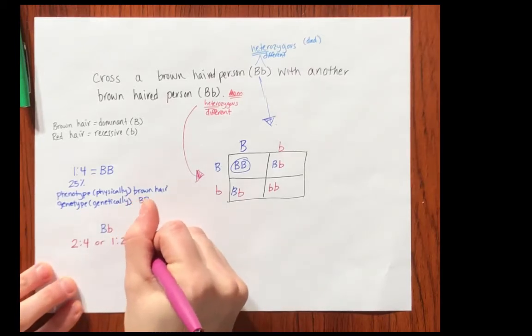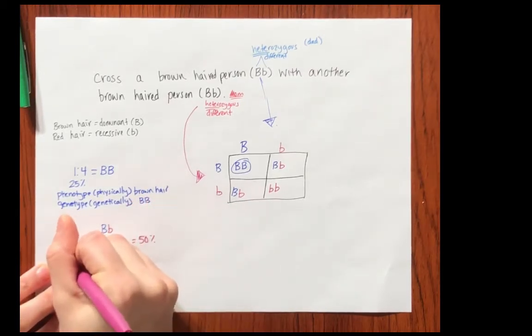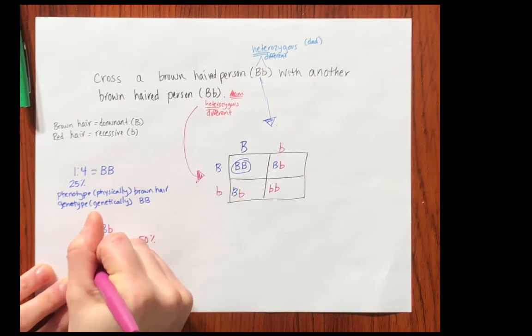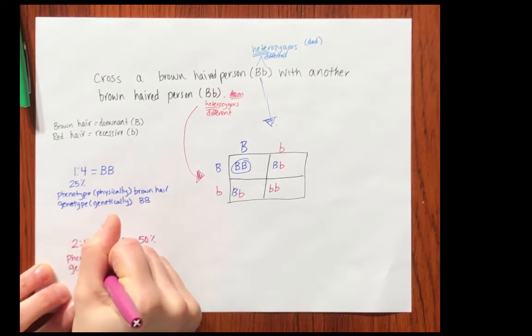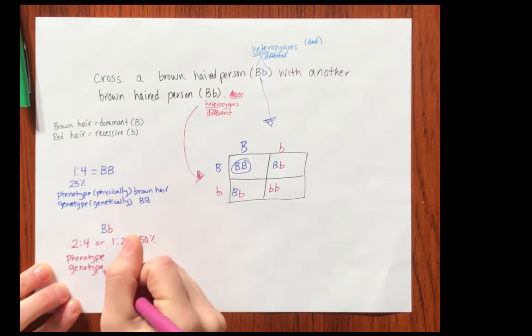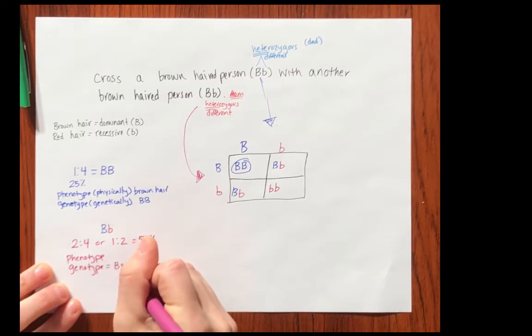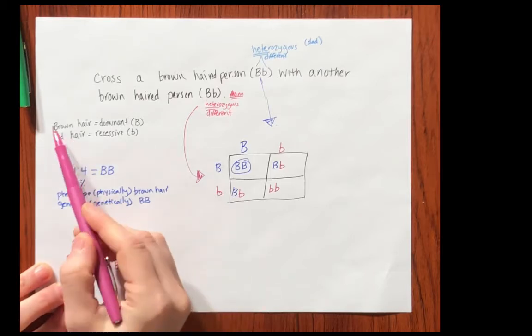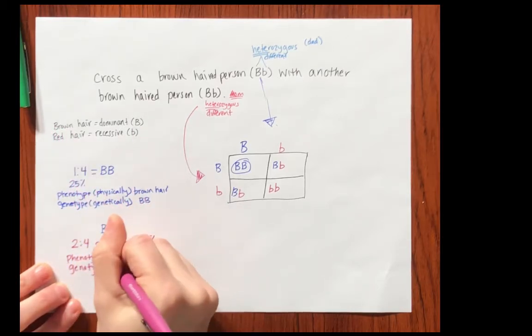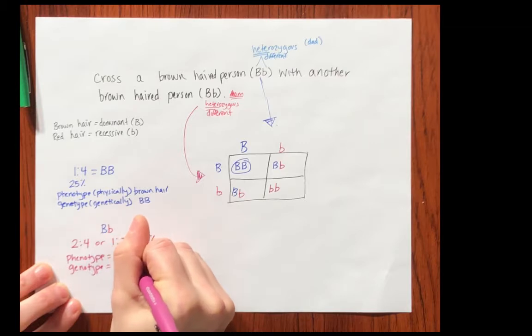So that would be 50%. And we're going to say phenotype and genotype. Genetically, they're going to be big B, little b, but physically, because brown hair is dominant, they're going to have brown hair.